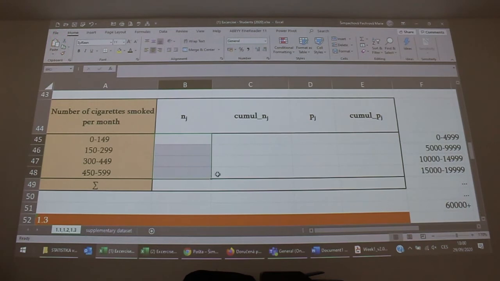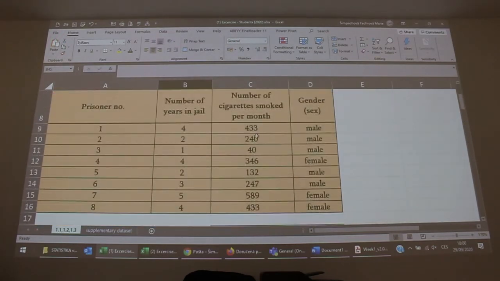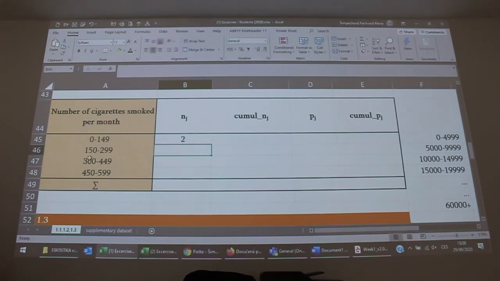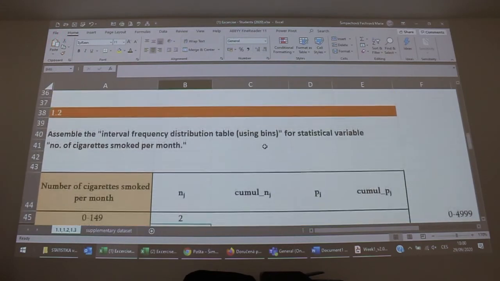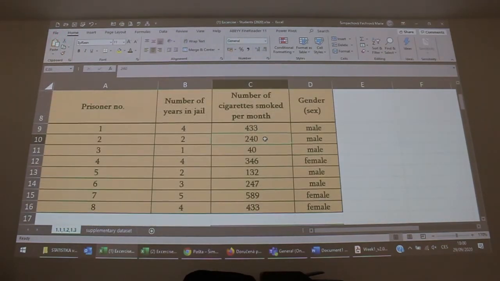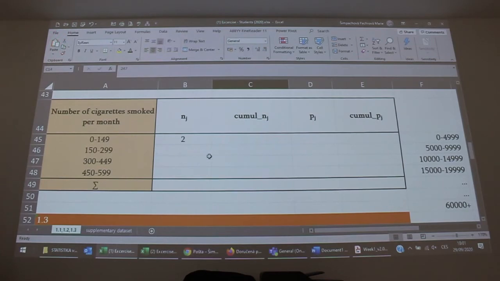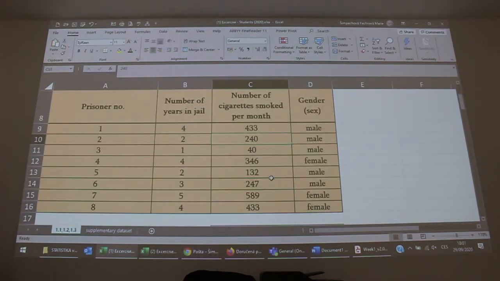And we have here absolute frequencies. You can check this table: the values 40 and 132 can be found in the first interval, so you write here the value 2. Then from 150 to 299: 240 and 247, again two values.